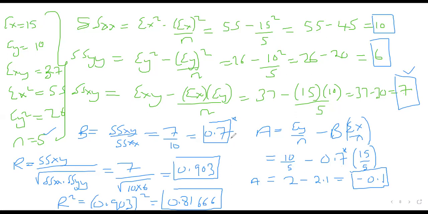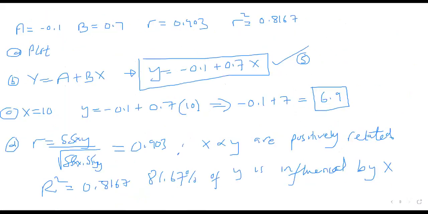Just replace them in the function. So this is our prediction function. If our B was negative, the sign you should put here is negative. Since our B is positive, A is negative 0.1, and our B is 0.7. Is that clear? It's clear. Yes, I was behind just on the formula. Okay. Any other question?